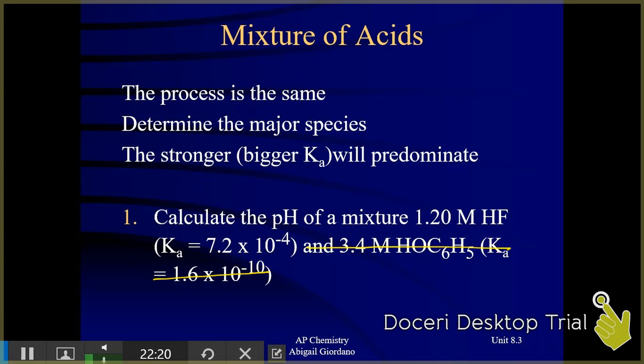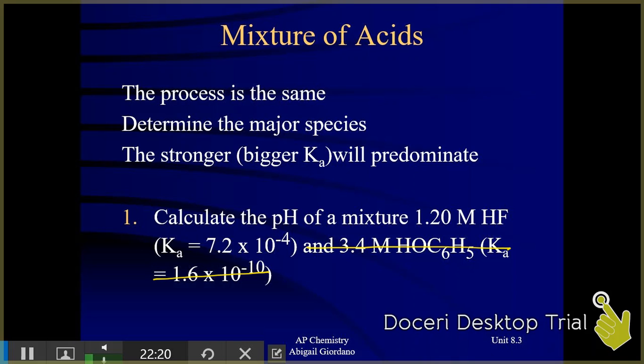And guys, at this point, if I've crossed out the other acid, this is essentially just like the problem we just completed. It's just one ICE table and that's it. Now, if you had a mixture of acids where it wasn't two weak acids, but a strong acid and a weak acid, guess what? You'd focus your attention on the strong acid only and ignore the weak one.